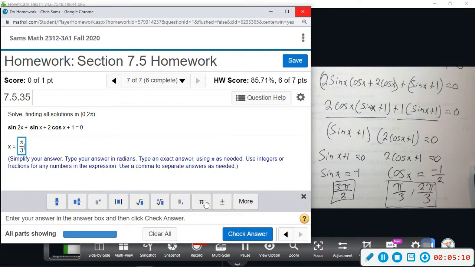So pi over 3, 2 pi over 3, and 3 pi over 2.